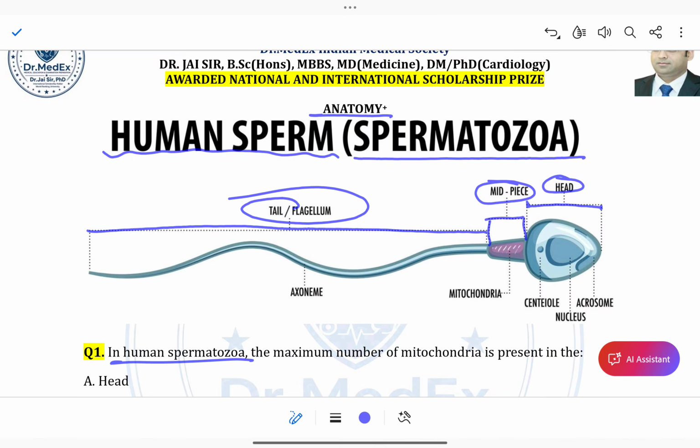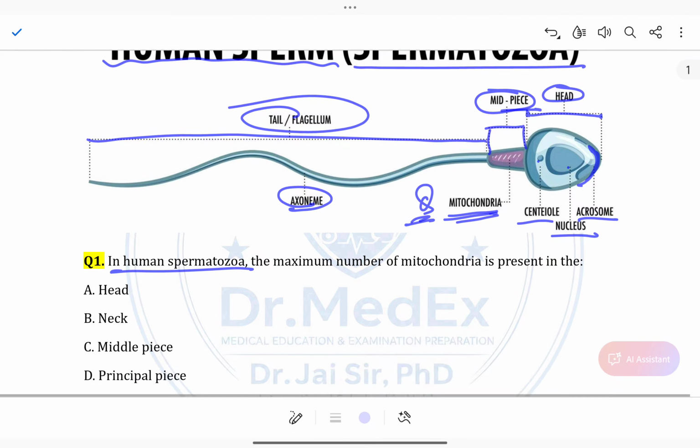This is known as acrosome. The question they will ask is, in which part does the mitochondria exist? This is in the midpiece. In the head piece, the first part is acrosome, then nucleus, and then centriole. So let's begin our first MCQ for today.